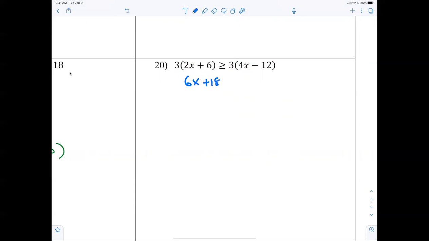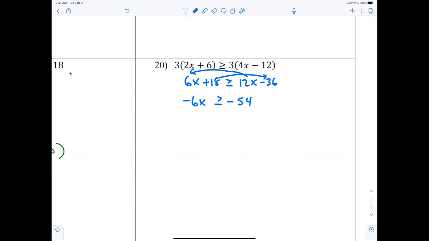6x plus 18 greater than or equal to 12x minus 36. Everybody good with that? So if I subtract 12x and subtract 18, we good with that?